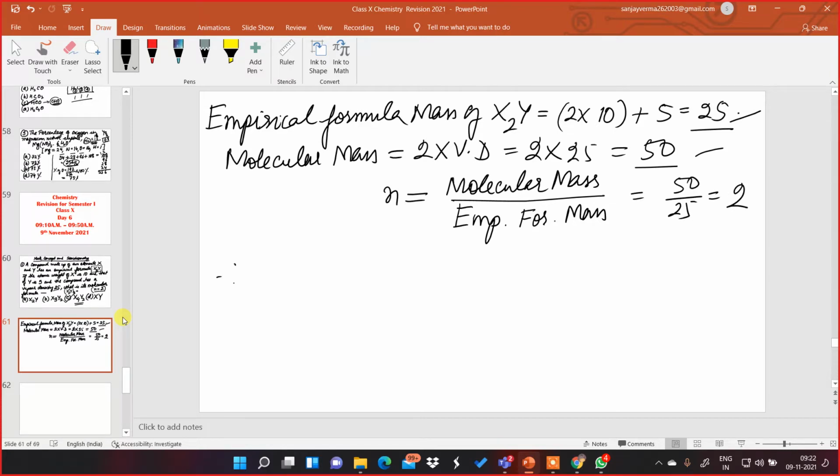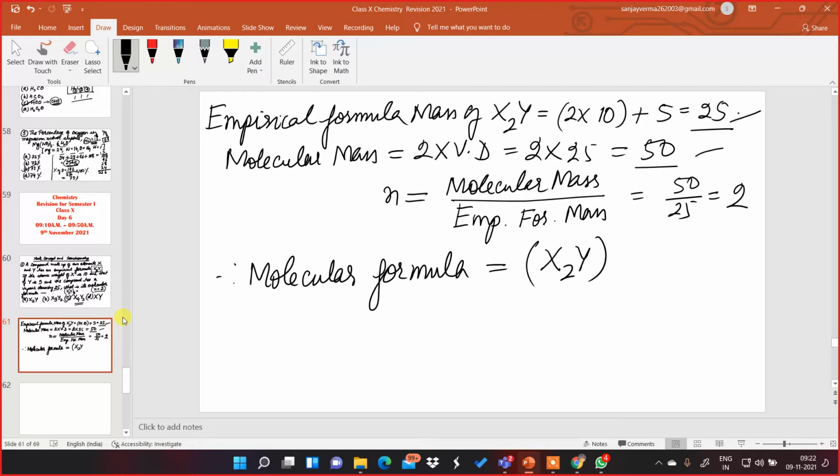Therefore, finally, molecular formula is equal to empirical formula x2y, open the bracket, outside you write 2. Put the 2 inside, you get x4y2. So this is how you get the working. This entire thing can be done mentally if you think properly by concentrating. You can get the answer.